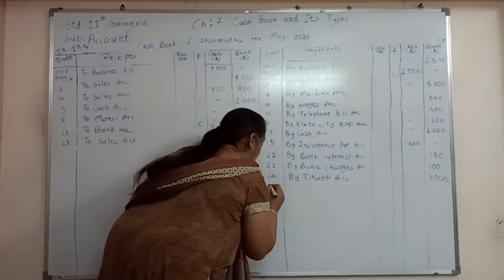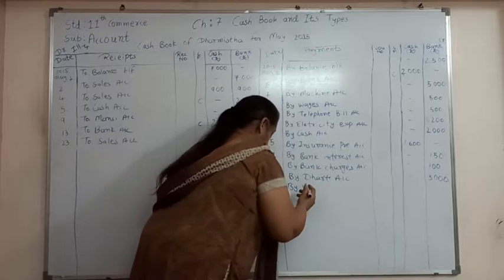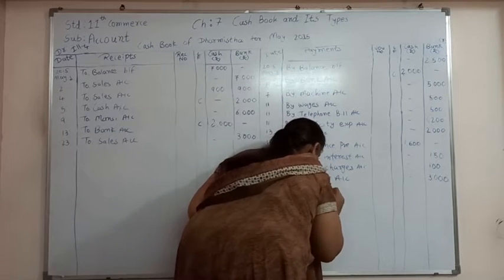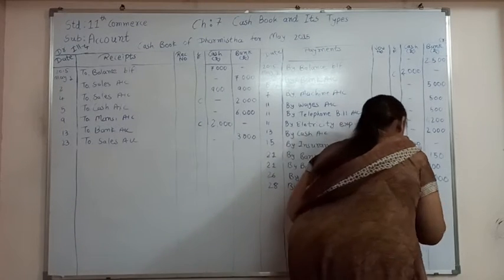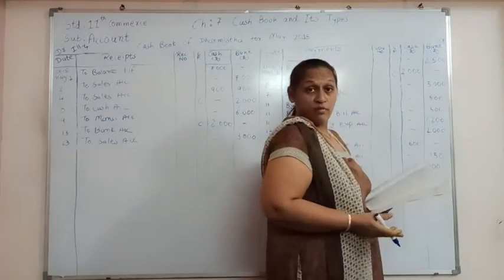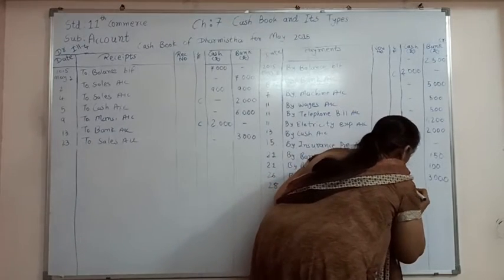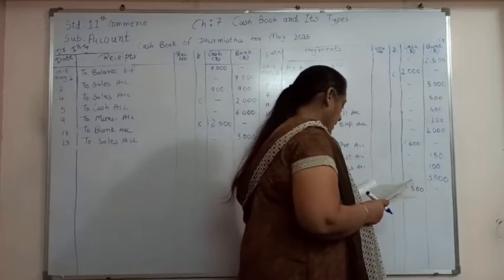So we are paying amount to Vibod, so by Vibod account, that will be rupees 1500. Nothing else is informed to us, so we are going to write it in the cash column, 1500.